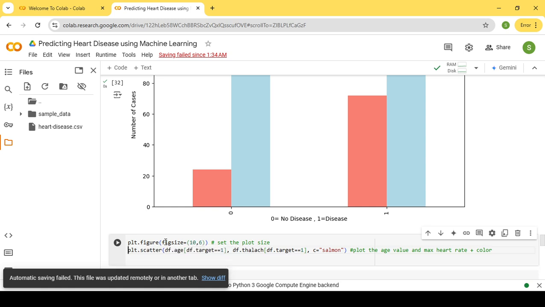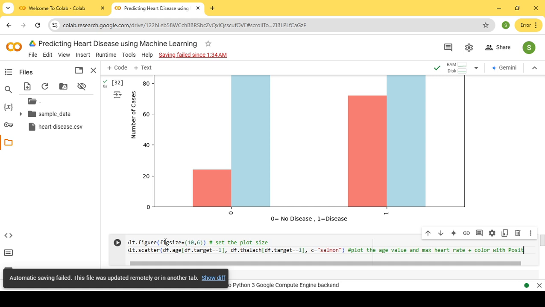So this one will be used for the positive value. Let's identify this since it's equal to 1 here. Max heart rate, positive cases, equal to 1.